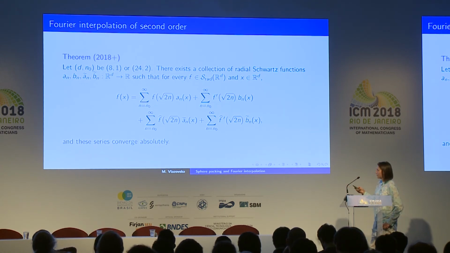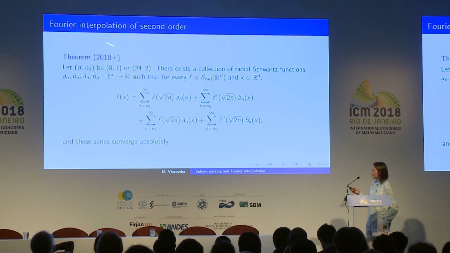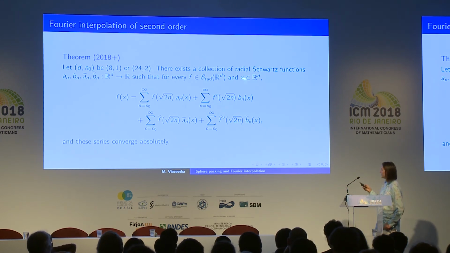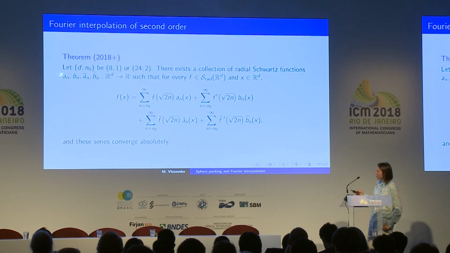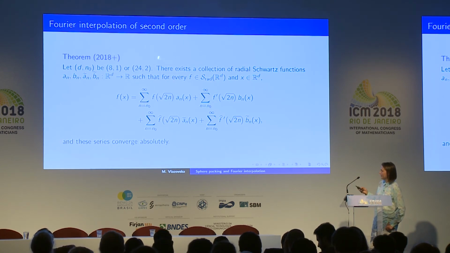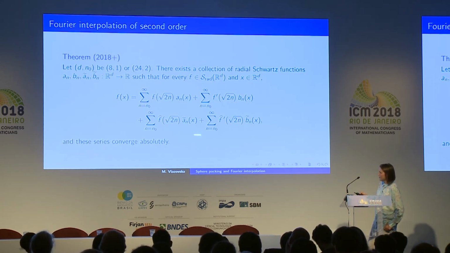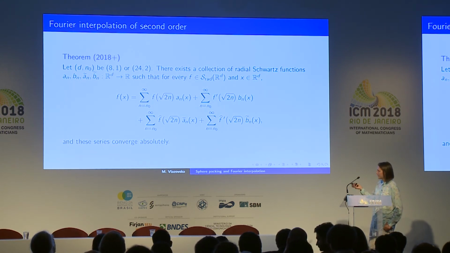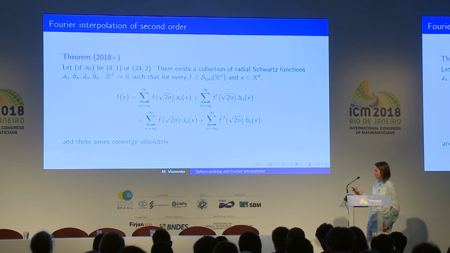What we have now proved but have not published yet is that there exists a collection of radial Schwarz functions with this property. So for any radial function f, such an identity will be true, and the right-hand side will converge absolutely.